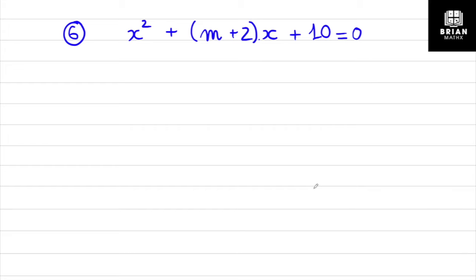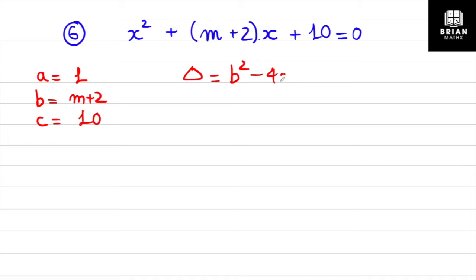Question 6, you got here A equal to 1, B equal to M plus 2, and how about C equal to 10? Discriminant equals B squared minus 4AC, so (M plus 2) squared minus 4 multiply 1 and multiply C. This is a square of sum.